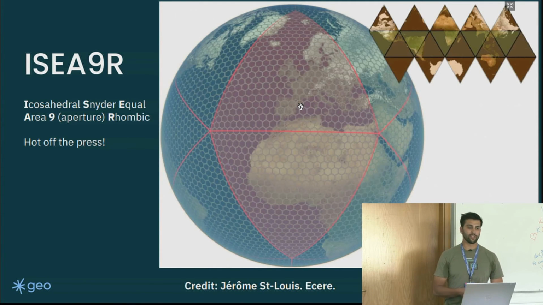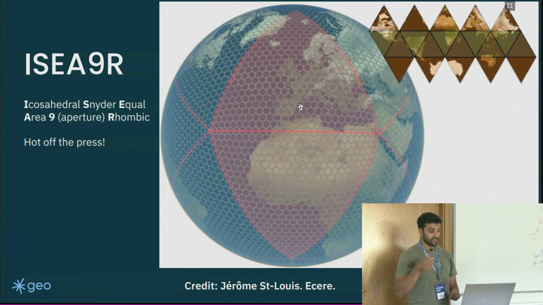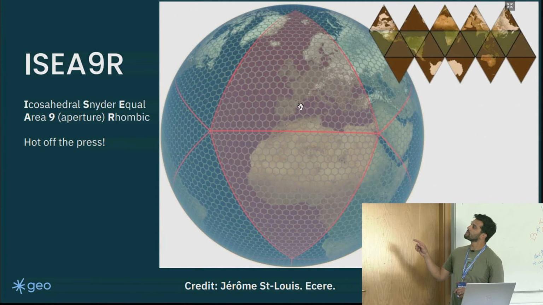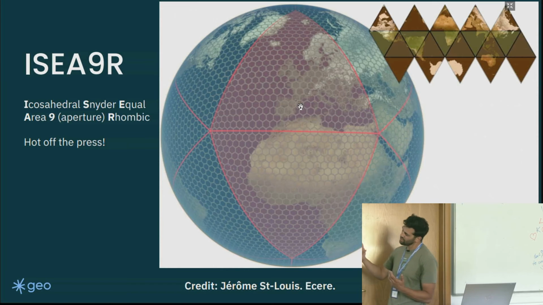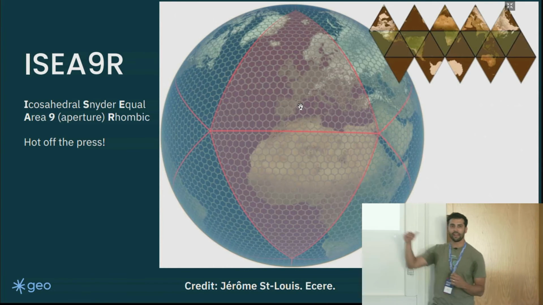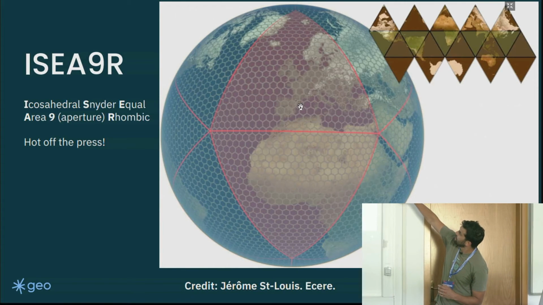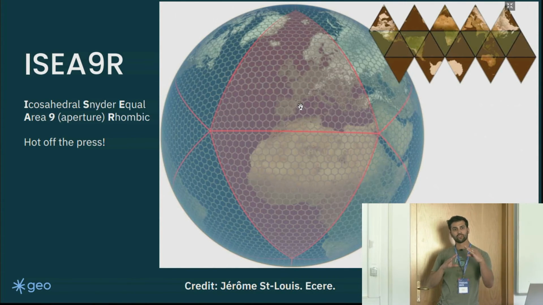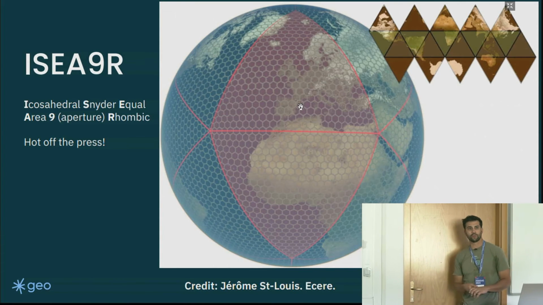You just need to make sure that it's a square. This is right off the press. Jérôme has submitted things to OGC for this. What I find really interesting about this one is that it mixes the pentagons and the hexagons with squares. Sort of squares, rhombus. So you can get movement data at different levels, and if you put triangles together, you get a rhombus, which you just need to distort into a square grid.